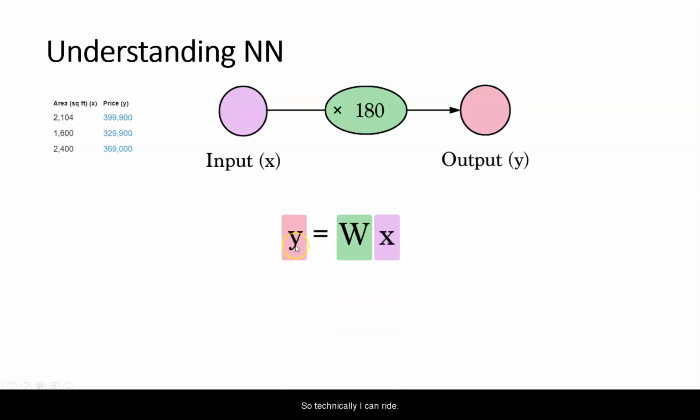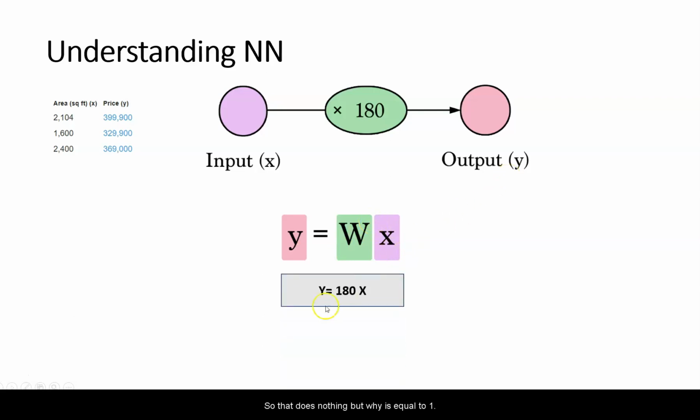So technically, I can write my prediction as y is equal to w into x, where y is my predicted value of the price, which is equal to my weight w into x.